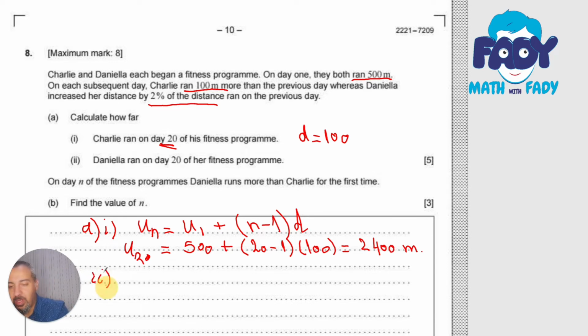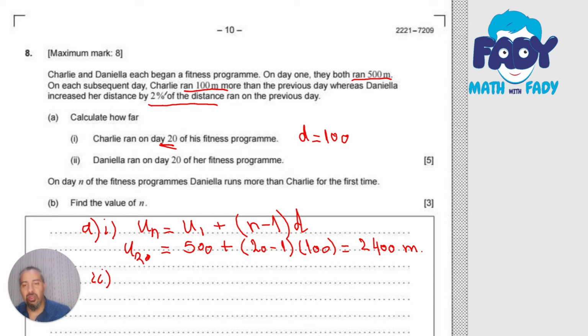Part B: we need to find how far Daniela ran on day 20 of her fitness program. To calculate this, we first need to know what r is. r is the common ratio, the number that we multiply by for each term to find out how this sequence is increasing.